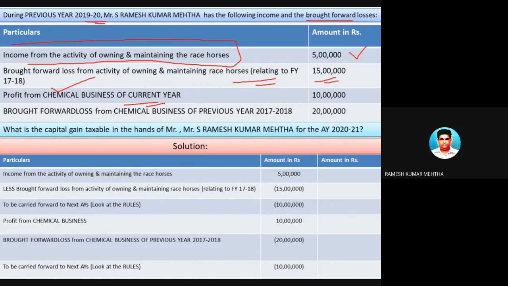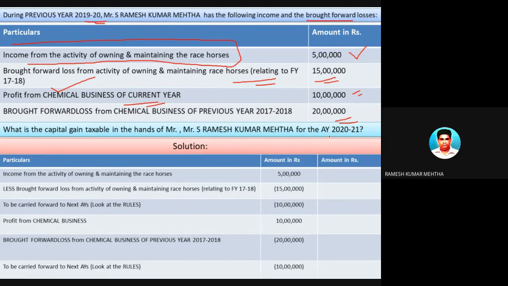Profit from chemical business for the current year is 10 lakh rupees. In the same way, there was a loss. The brought forward loss from chemical business of the previous year 2017-18 is 20 lakh rupees.